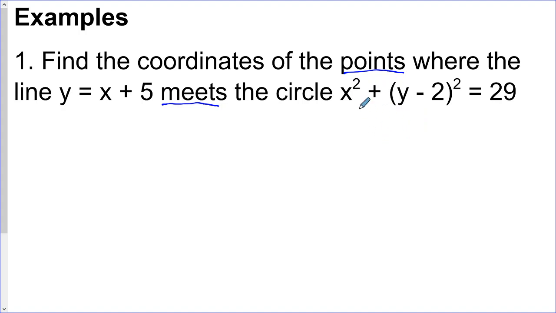And for quadratic ones, we do that usually by substituting one equation into the other one. Now, usually the simpler one into the more complicated one. But here we've got an expression for y, so I can substitute that into the y in the circle equation. So that would be our first step.